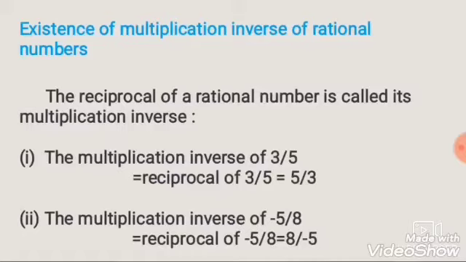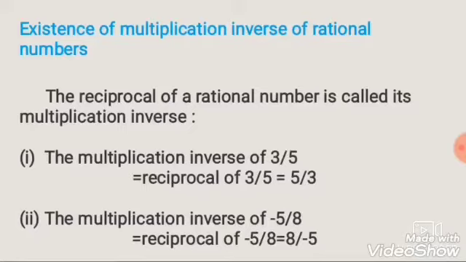The existence of the multiplication inverse of rational numbers. The reciprocal of a rational number is called its multiplication inverse. The multiplication inverse of 3 by 5 is equal to the reciprocal of 3 by 5, which is 5 by 3.